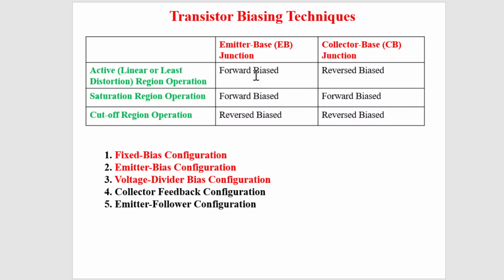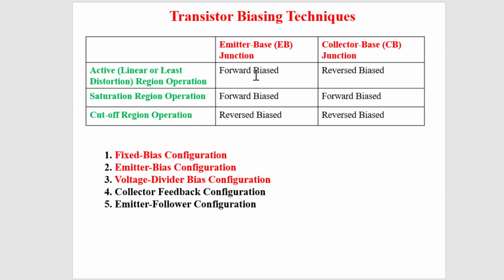So whenever you want to use a transistor as an amplifier, your transistor must be properly biased. In order to do that, earlier we used two DC power supplies. One DC power supply was connected to the emitter base junction and another DC power supply was connected to the base collector junction.